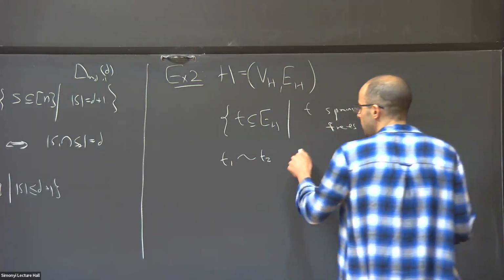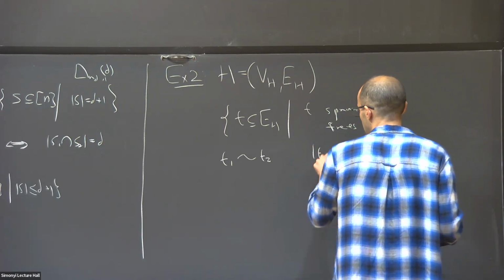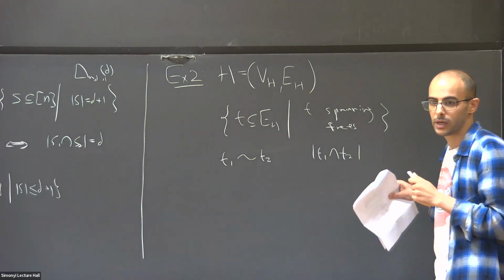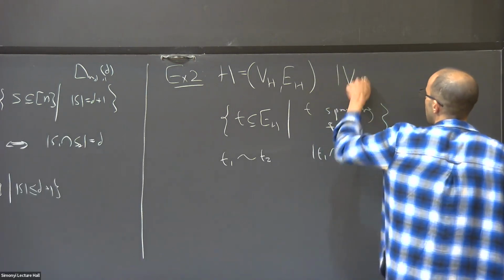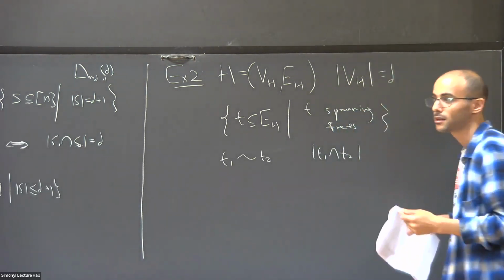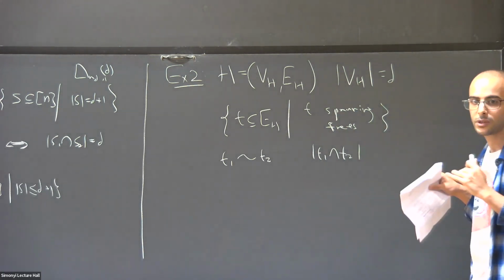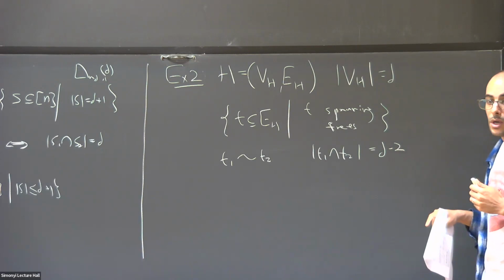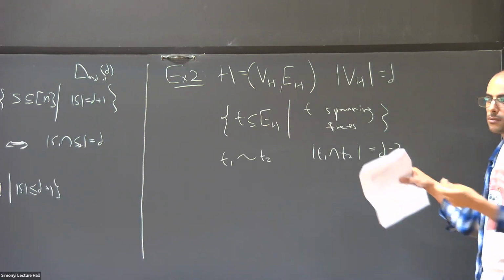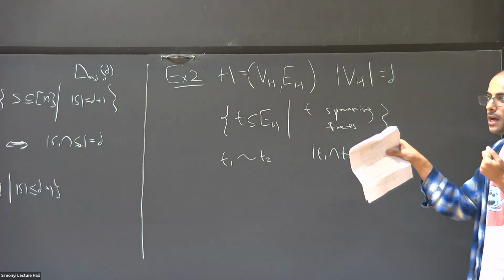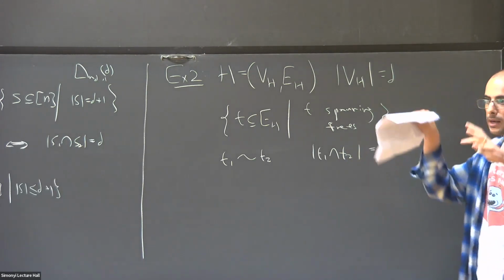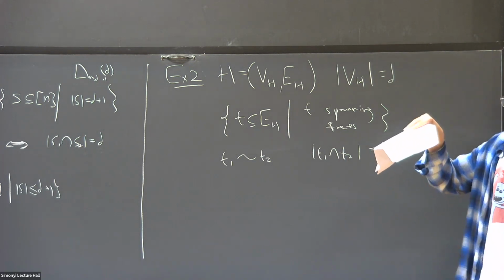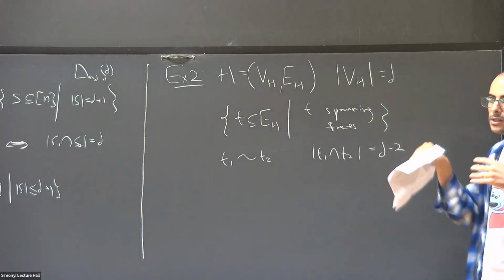So formally T1 and T2, I will connect them if they intersect in all but one edge. So let's say we have D vertices, all trees contain D-1 edges, so they should intersect on D-2. So taking a random step here is really easy, right? I only remove one edge and then I have not a tree, I have a forest with maybe two connected components. And now I have to choose another edge that connects between these connected components. And I can do this.